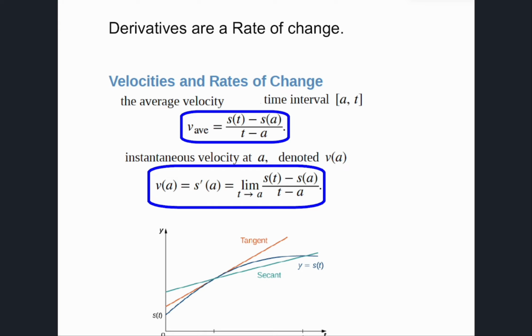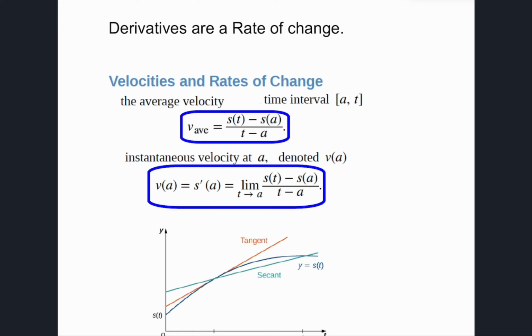So if a problem gives you 2 points, 2 x values, a starting x and a stopping x, you just find the slope between those 2 points. It's just a slope of a secant, and that will give you an average velocity. But an instantaneous velocity happens at one particular point.